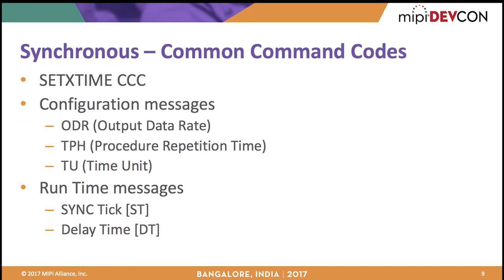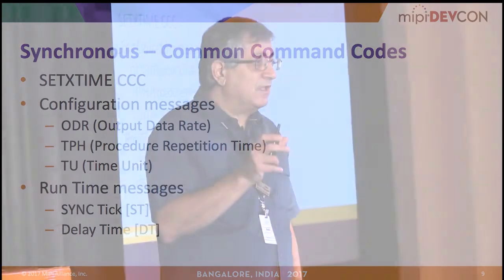And then comes the delay time. The delay time is another piece of information which informs the target how far back or how far after that moment was. So now it doesn't matter if you were with that sync tick at some precise moment, because you know how far back that precise moment was. You transfer that to the slave, and the slave will adjust its start of the TPH period. Consequently, it will adjust the frequency and the phase.